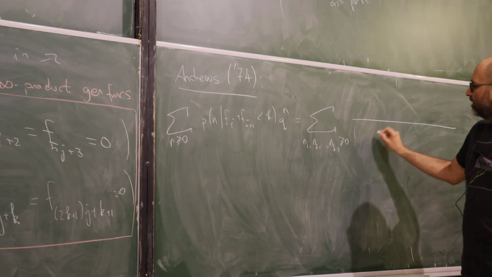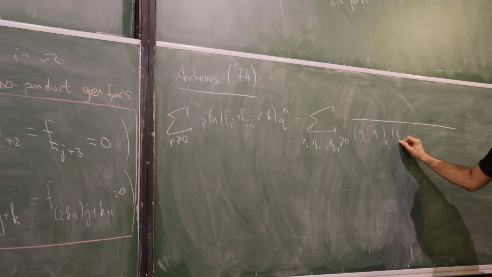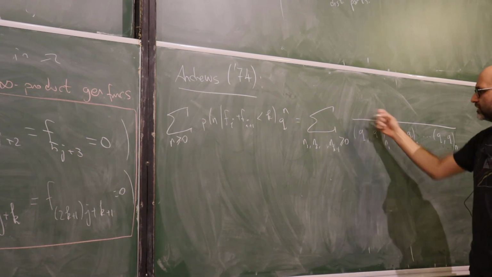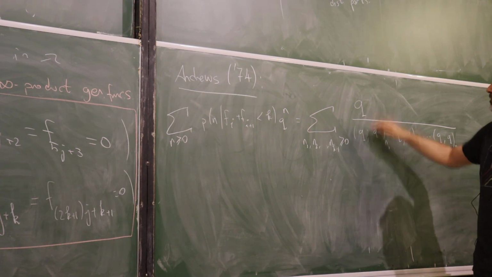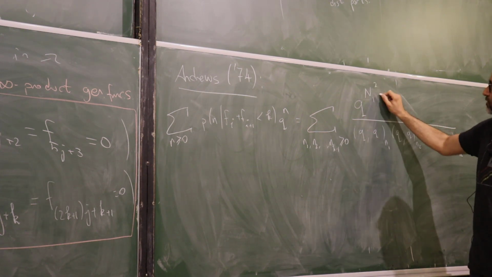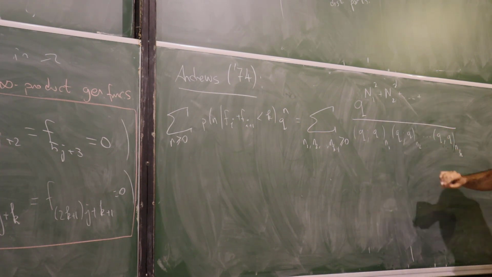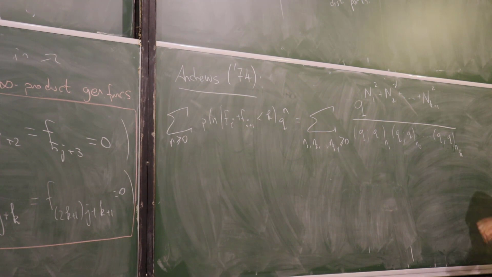So downstairs you have a bunch of q factorials, q sub n1, q sub n2, up to q sub n_{k-1}, and upstairs you have a monomial, q raised to a big power, which is big N1 squared, big N2 squared, all the way down to big N_{k-1} squared. So what are these big N's? They are the following.